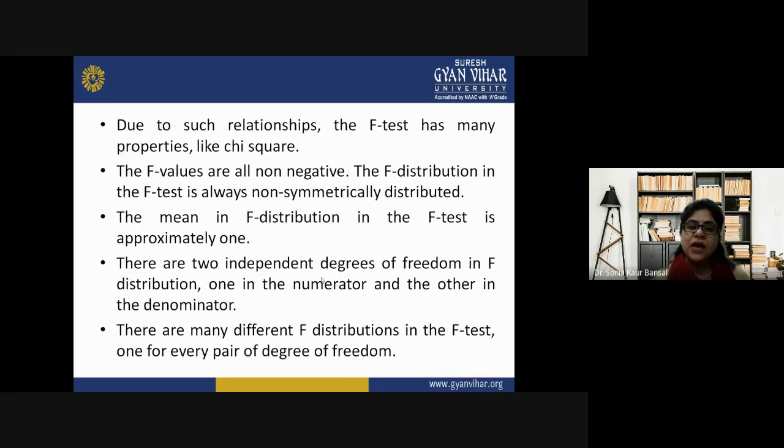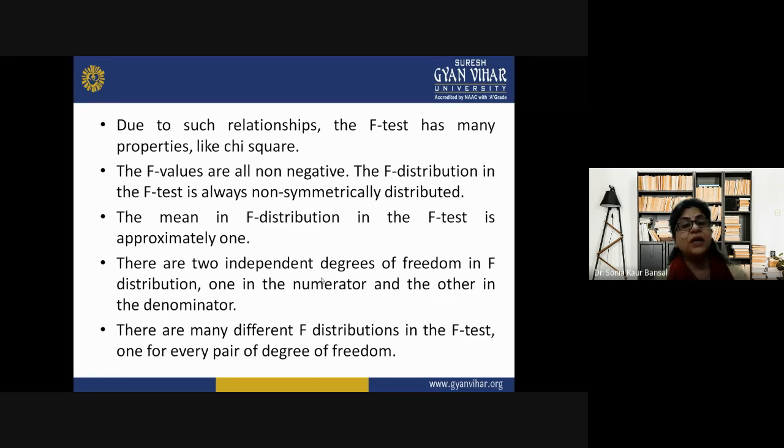Now students, understand this, that due to such a relationship, the F-test has many properties like chi-square. So the F values are all non-negative. The F distribution in the F-test is always non-symmetrically distributed. The mean in the F distribution is approximately 1.